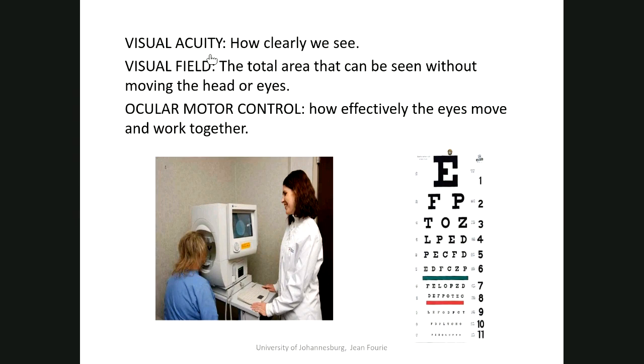But if you can only see your hands moving in front of you, that means that your field of vision is limited. So this is a test that optometrists will do if children are having difficulty with any of the previous perceptual difficulties, with depth and vision and movement.